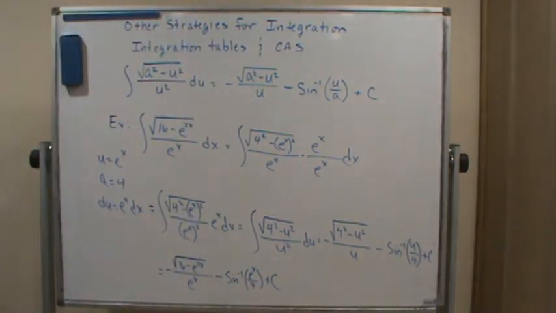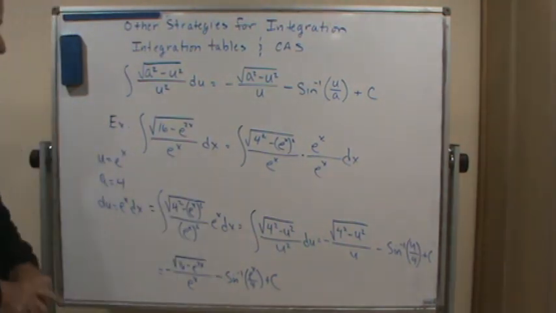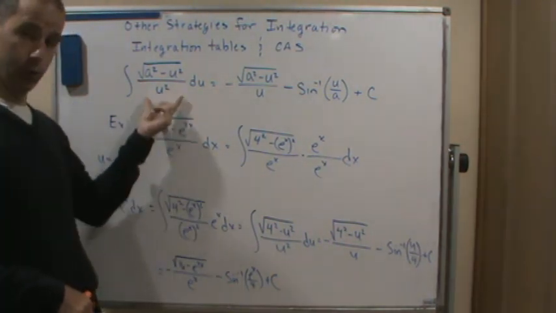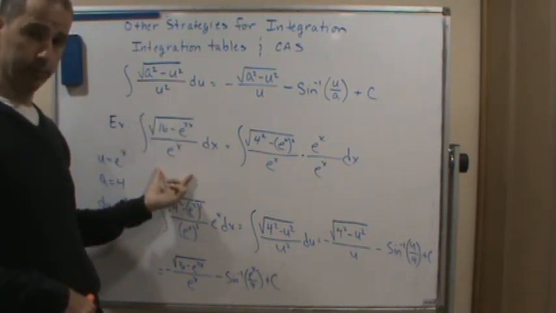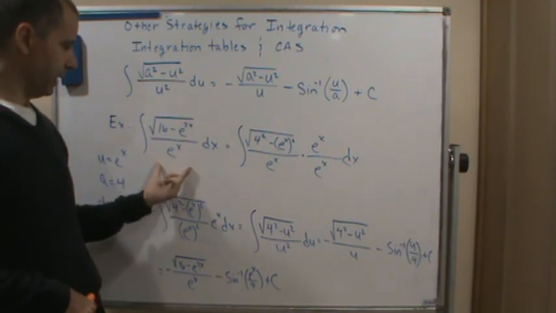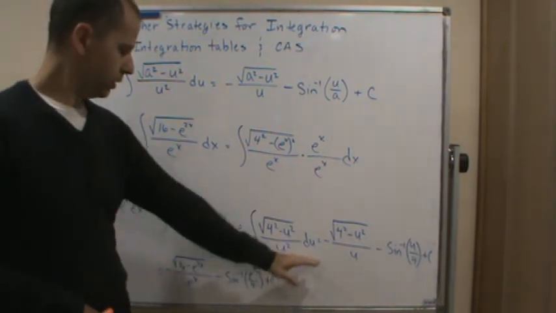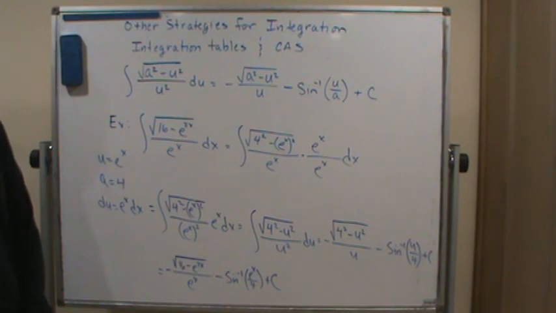And that's it. See how using things from the integral table makes it very easy? All you have to do is take what you have, find something that almost matches or exactly matches it in form, and then use the table to go right to the answer and evaluate it. Okay, that's it.